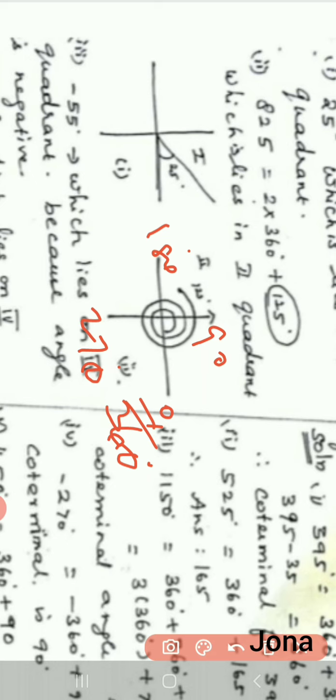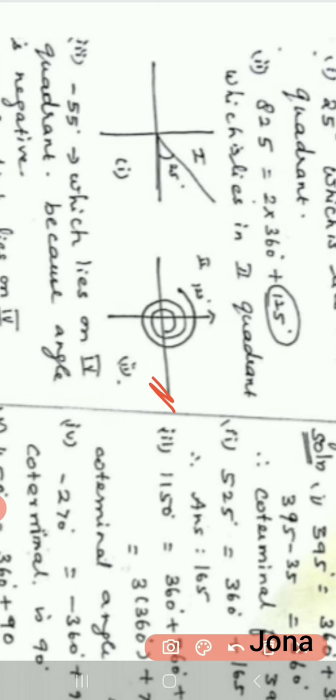We want to see how many 360s are in this 825. We have 2 360s plus this 125 degree. So 360 place is here, isn't it?